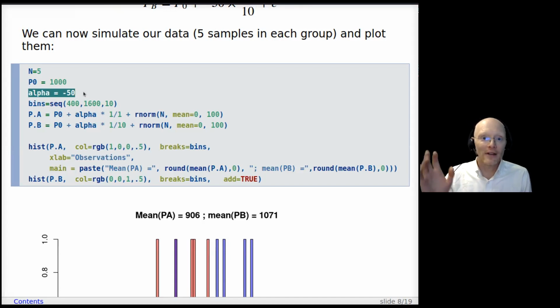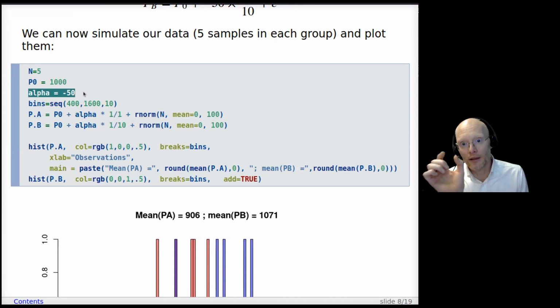So if alpha is smaller in absolute magnitude than 5, then we don't care about it. If you can assure us that it's that small, you don't need to tell us how big it is. But if it's larger than that, we want to be able to detect it and know the size, so that we can properly price countermeasures. So I'm actually specifying the value of that parameter for the simulation.